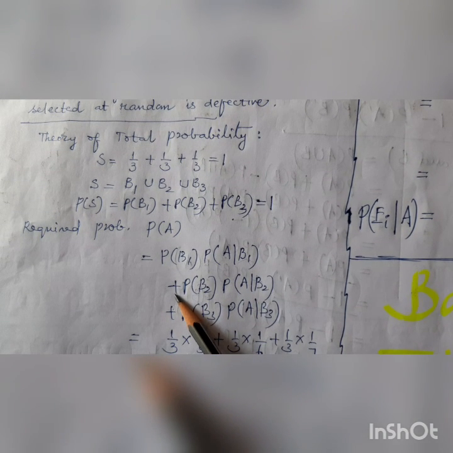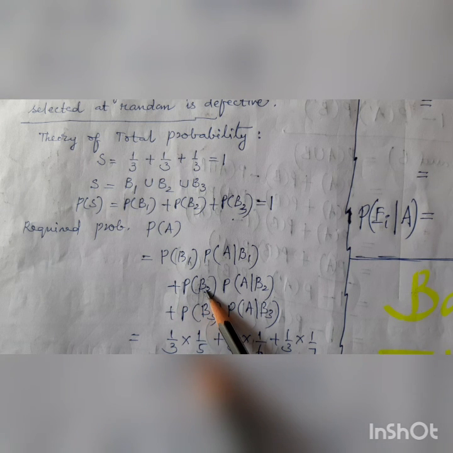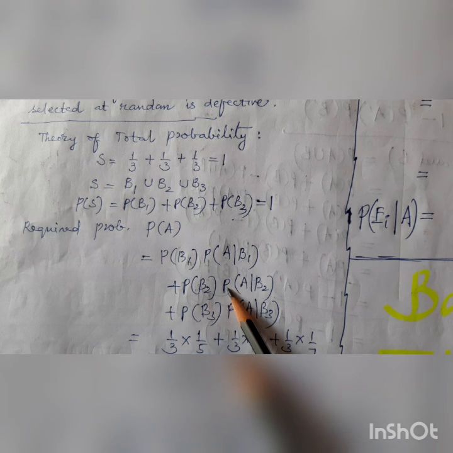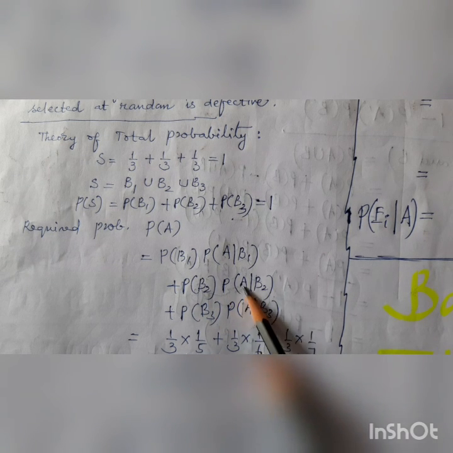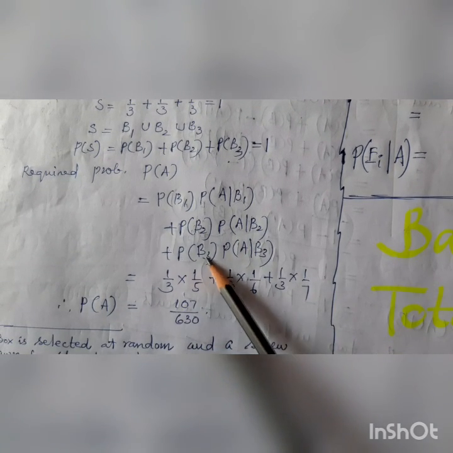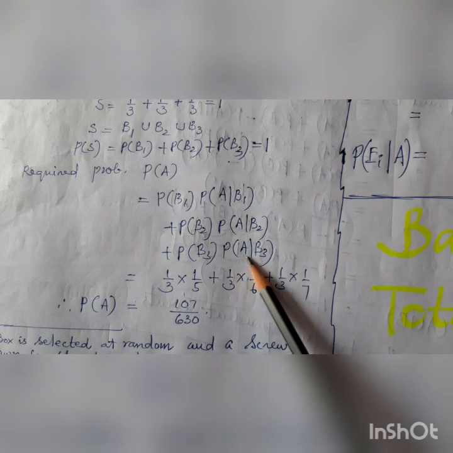Plus means or else, another way: P of B2, selection of the second box is 1 by 3, into P of A given B2, which means defective screw selection at random in the second box. Plus P of B3 into P of A given B3.